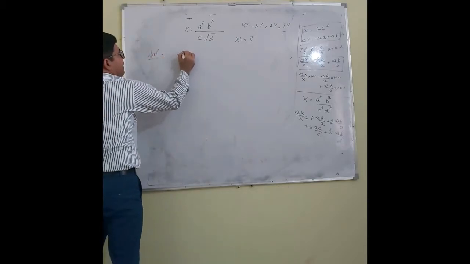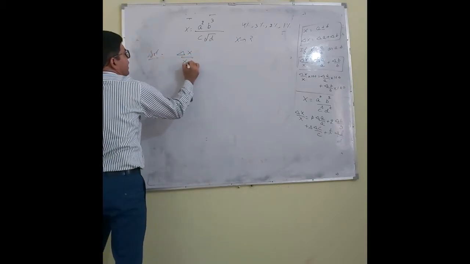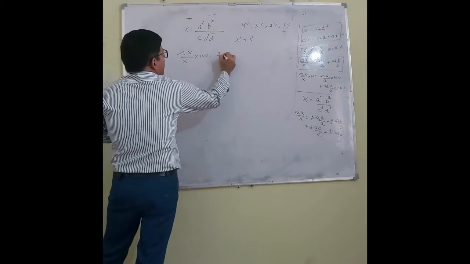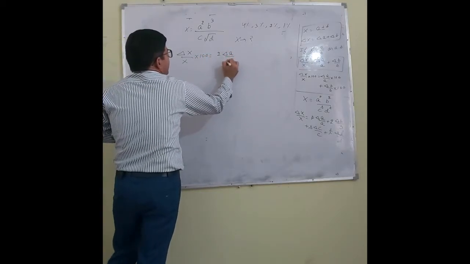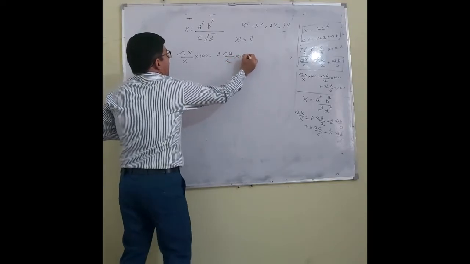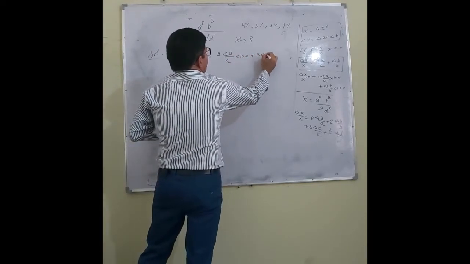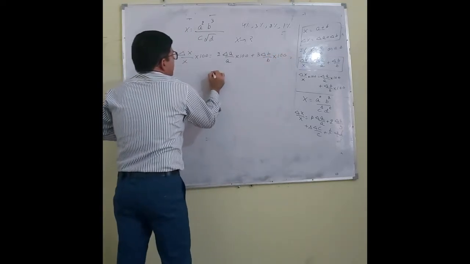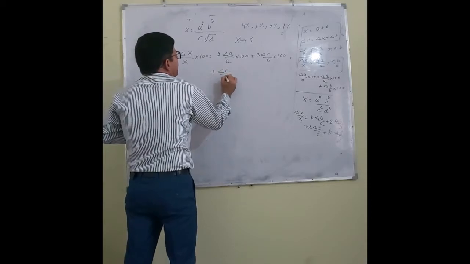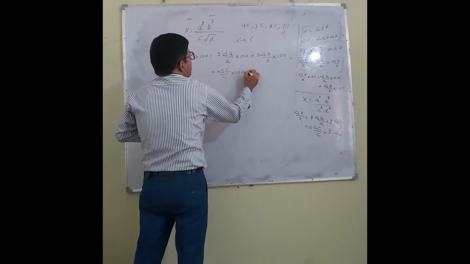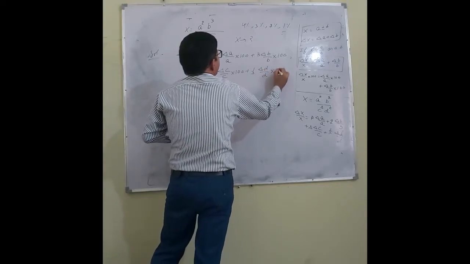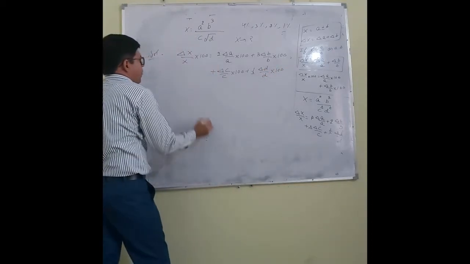Now, what is the percentage error in x? Delta x by x multiplied by 100 equals 2 times the percentage error in a, plus 3 times the percentage error in b, plus the percentage error in c, plus half the percentage error in d.